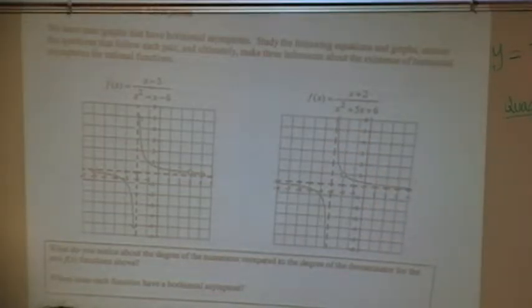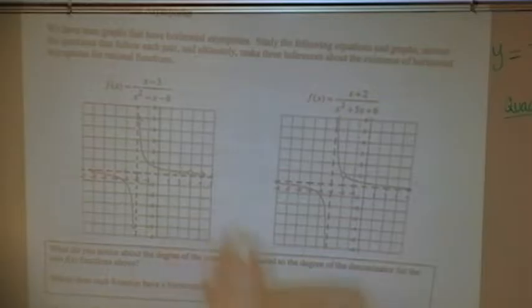Okay, so what do you notice about the degree of the numerator compared to the degree of the denominator? How can we compare them? Mathematically, what's a good way to compare things? One's lower, the top one's smaller. How do you write that mathematically? Greater than and less than. So it's specifically talking about the degree.